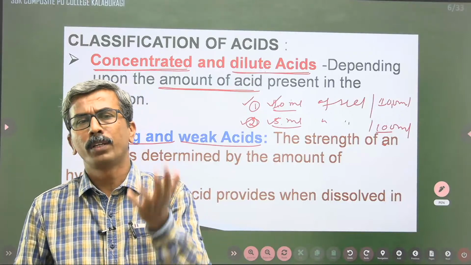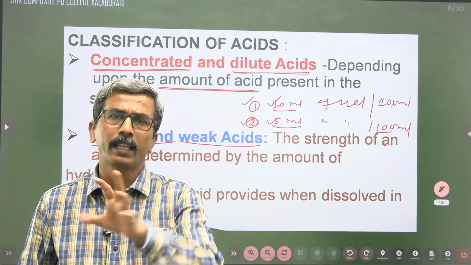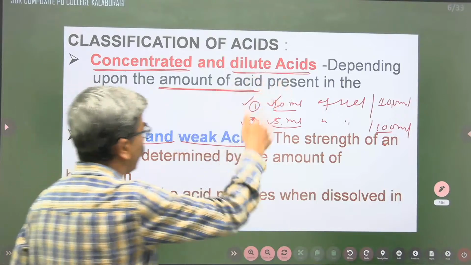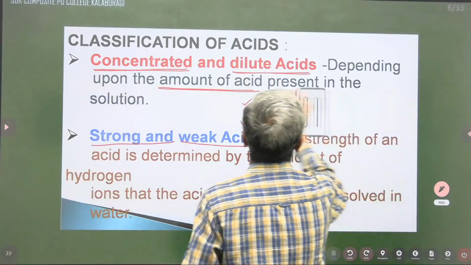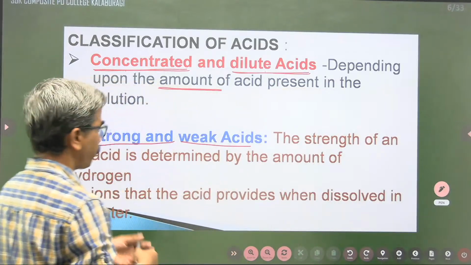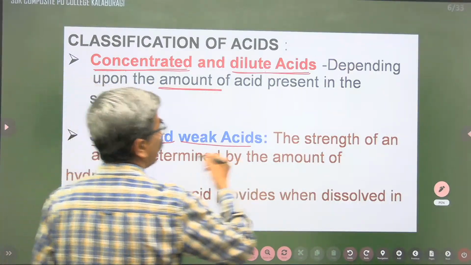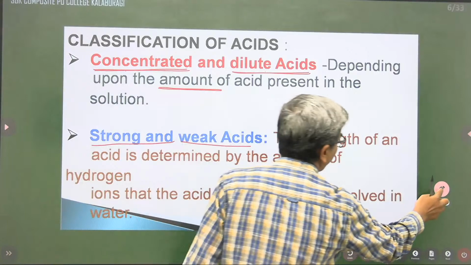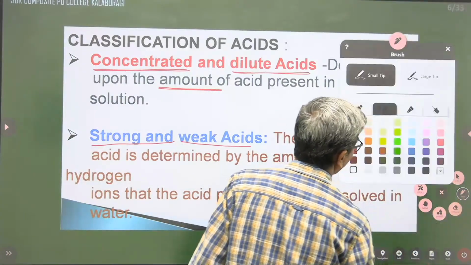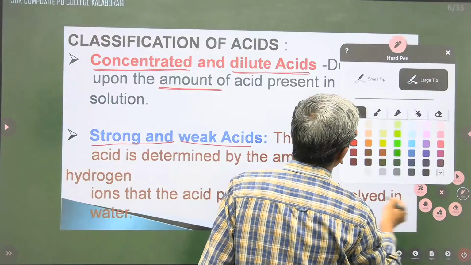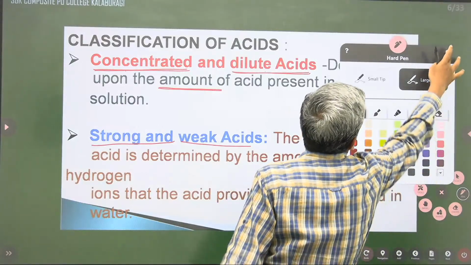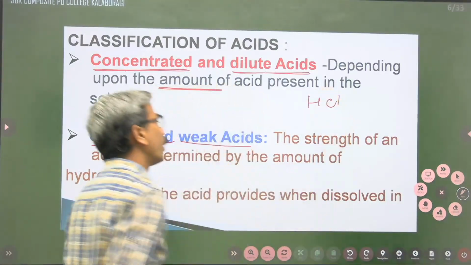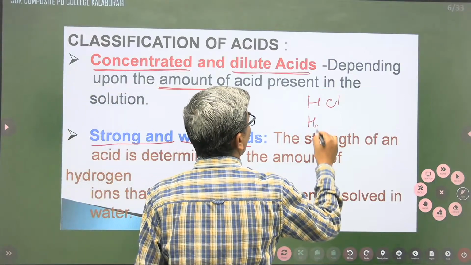Now further, after adding acids into water, how many H plus ions are they producing? Let me take one example with two acids: one is hydrochloric acid, this is HCl, and another is H2SO4.